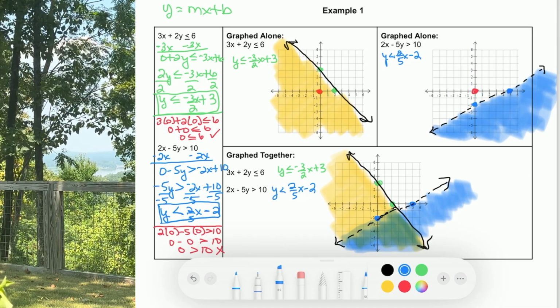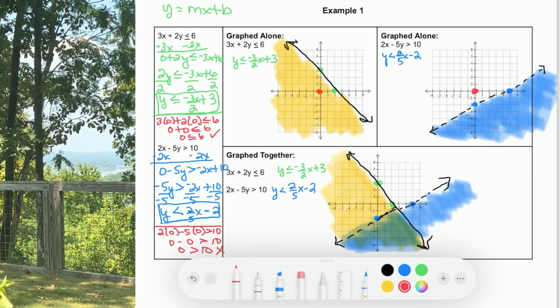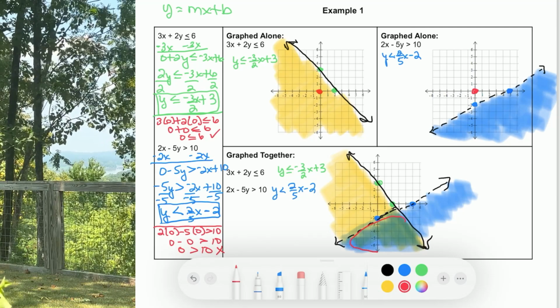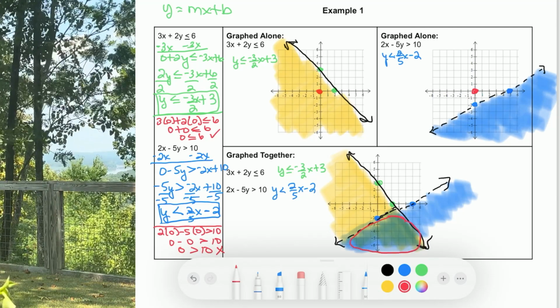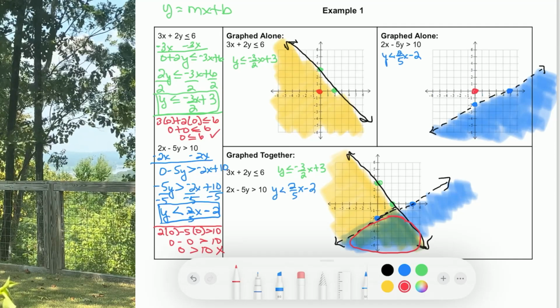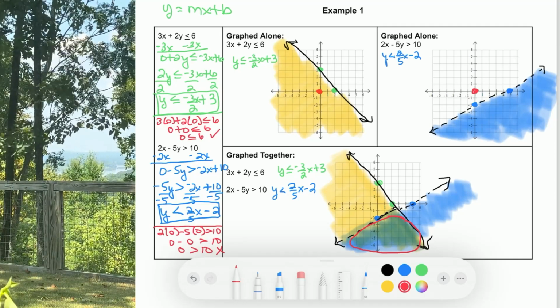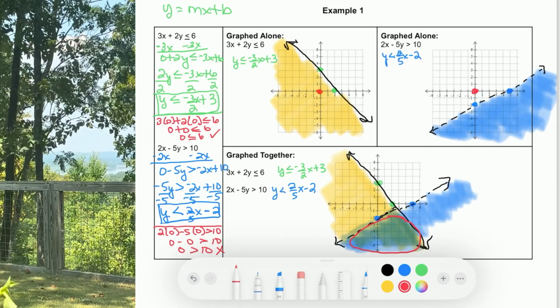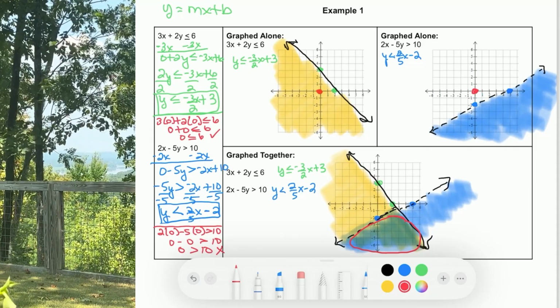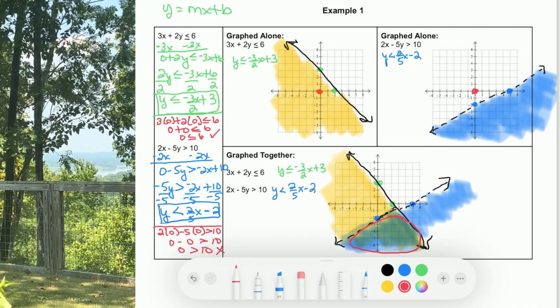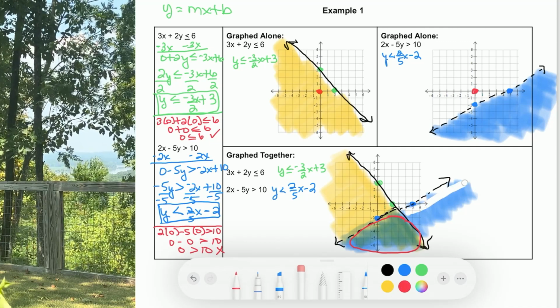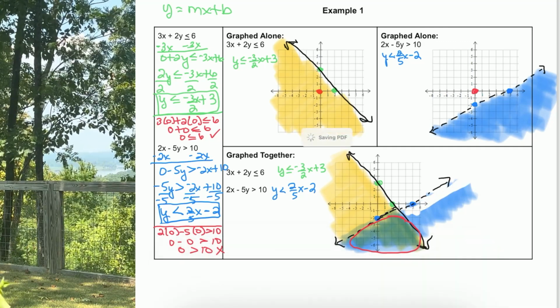So this particular area right here where the shading overlaps, that is the only area on this graph where they share solutions that will work for both equations. That's where their solution sets are. So when you put your answer on the computer, you need to only shade that area.